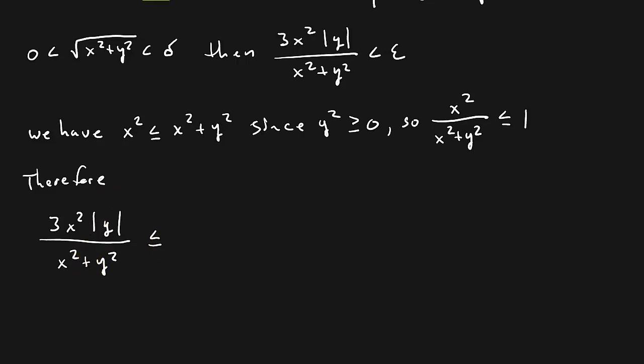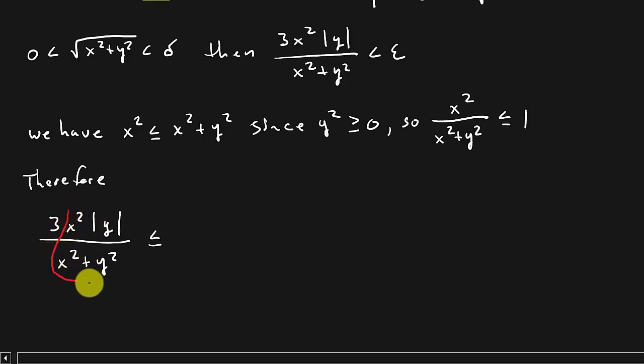Do you see this part right here? That's either equal to 1 or less than 1. So that means this is less than or equal to 3 times the absolute value of y.